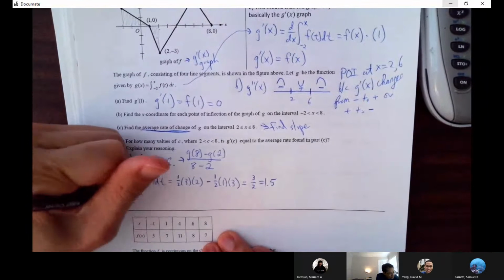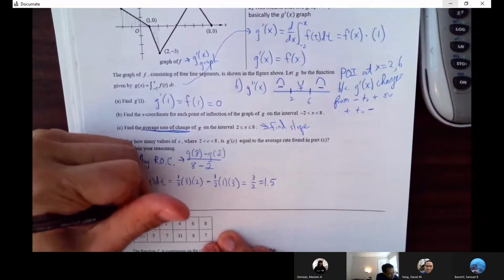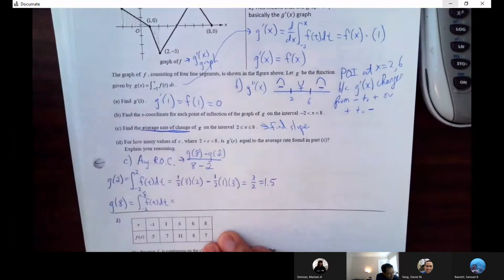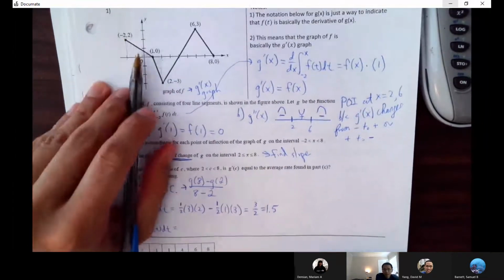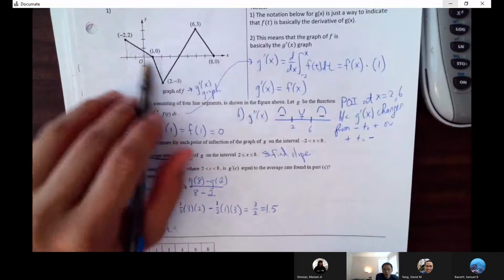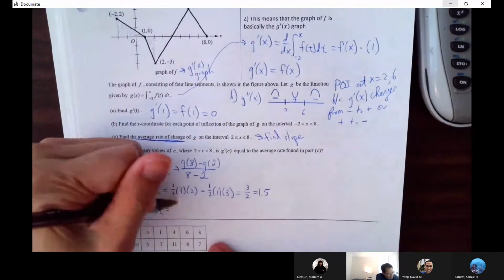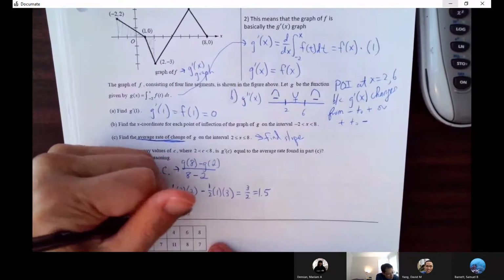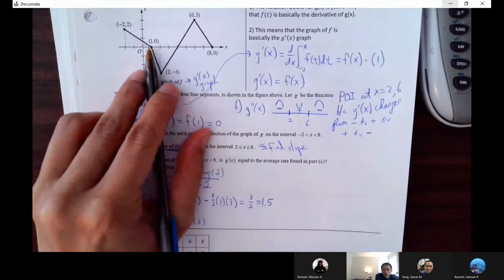So g of 8 is the definite integral from -2 to 8 of f of t. Now I need to accumulate this entire region here. So I need to total up all these triangles. First triangle, 1/2 base times height. Second triangle, I'm going to find this entire triangle now.